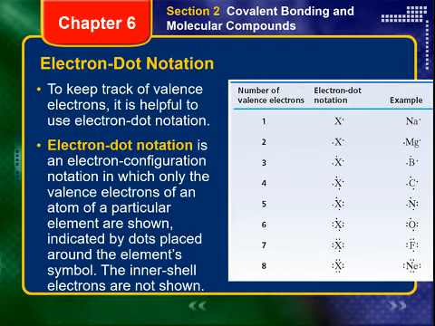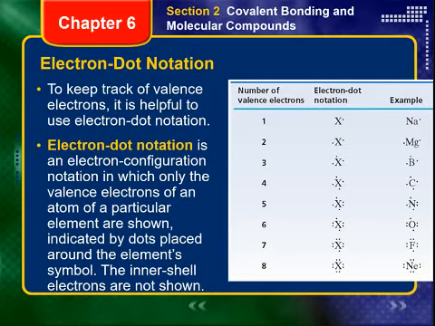For example, the electron-dot notation for a fluorine atom can be written by the symbol for fluorine, F, surrounded by 7 dots, each representing its 7 valence electrons. In general, the element's number of valence electrons can be determined by adding the subscripts of the element's noble gas notation.